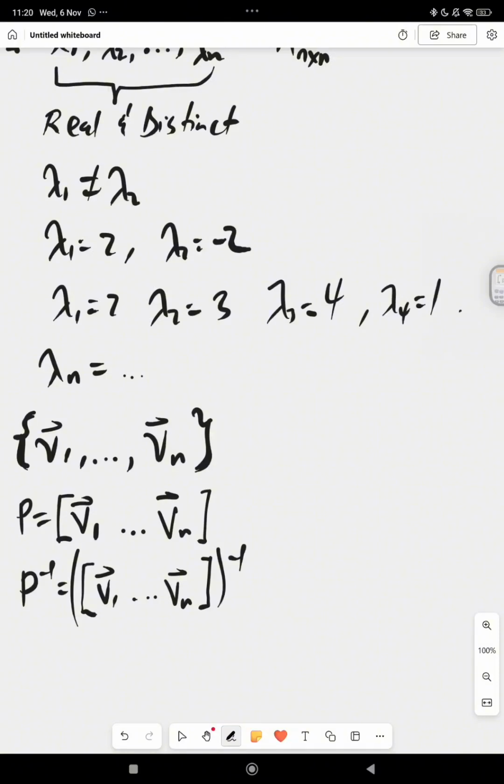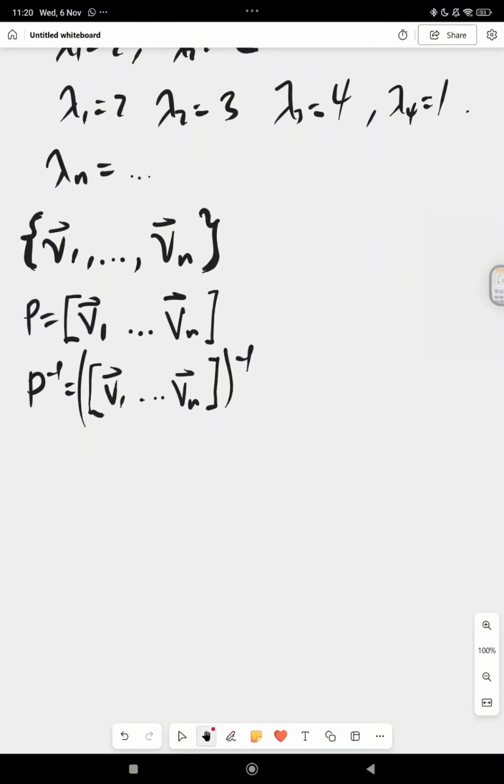If we have all this information, then we can write that D, which is our diagonal matrix, is given by P inverse AP. That's going to be our diagonal matrix.